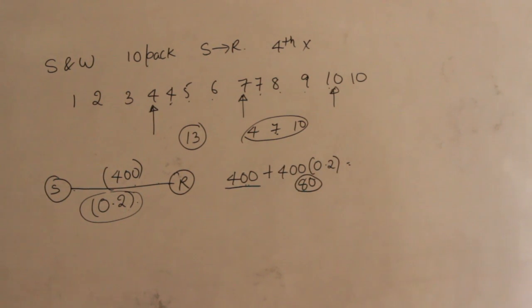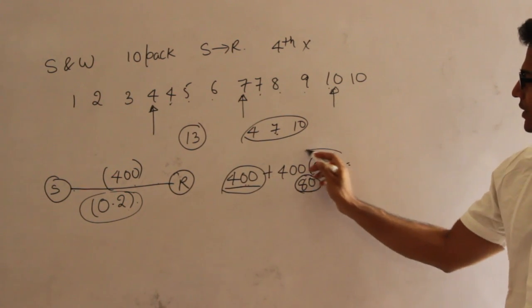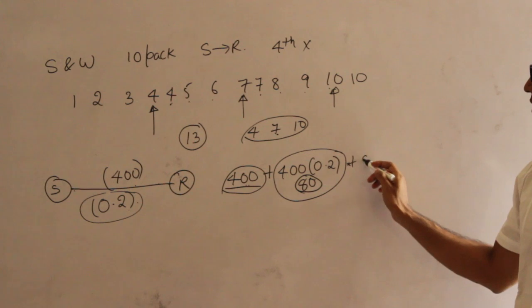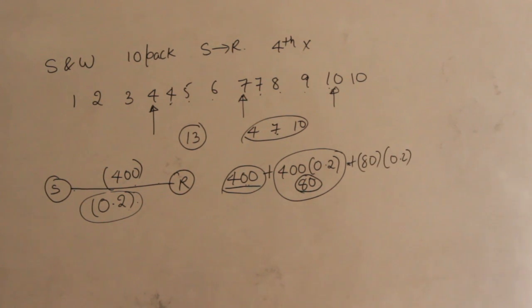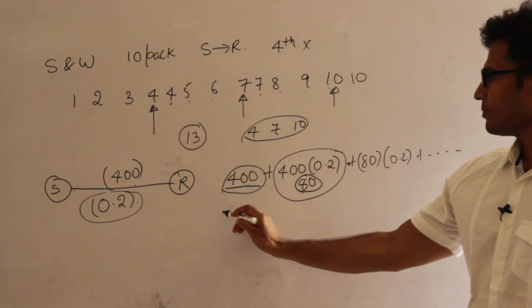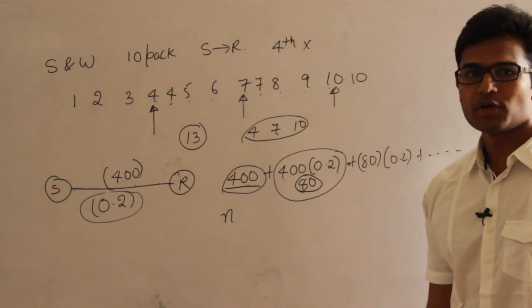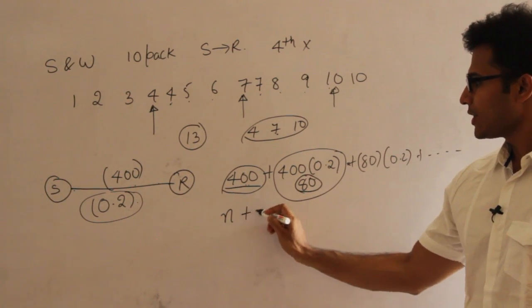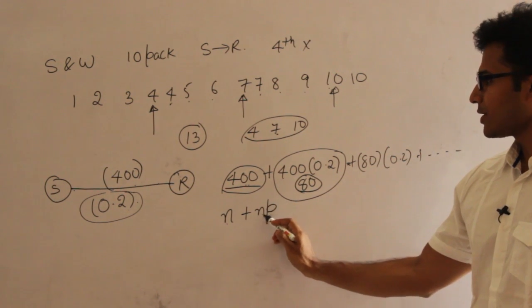But you have to observe one thing: when I am sending 400 packets, 80 packets are lost. When I am sending the next 80 packets, again in those 80 packets 20% will be lost, right? So you have to take this factor into consideration too, and so on. Which means if I am sending n packets over a channel which has the error probability of p, then I have to retransmit np packets, because np packets will be lost.